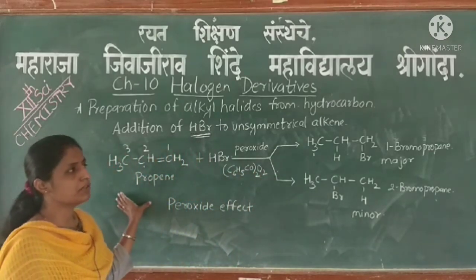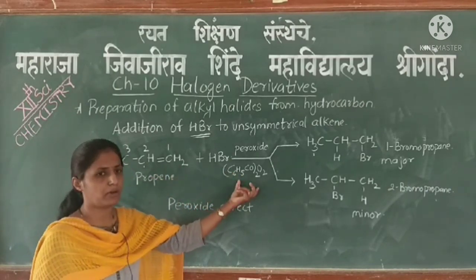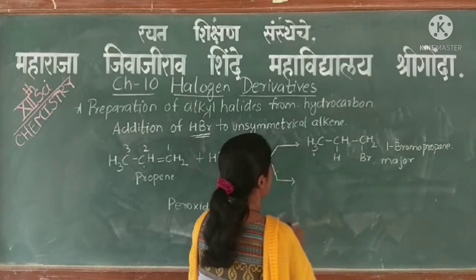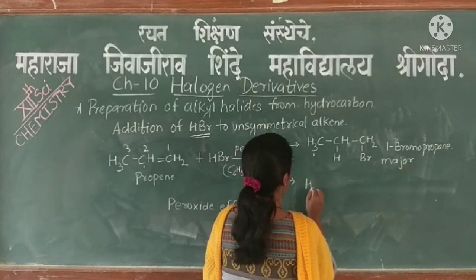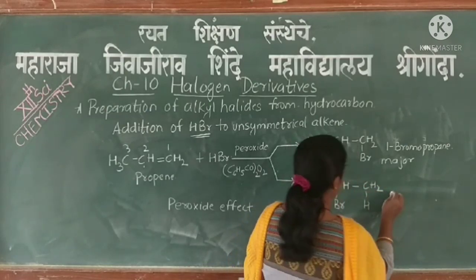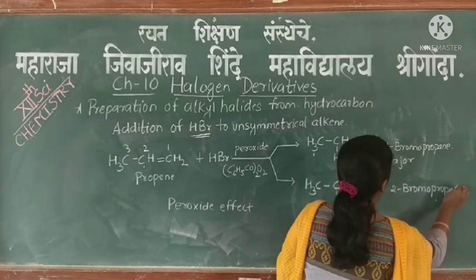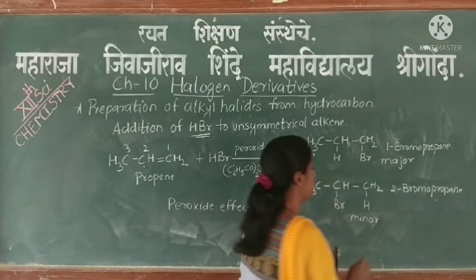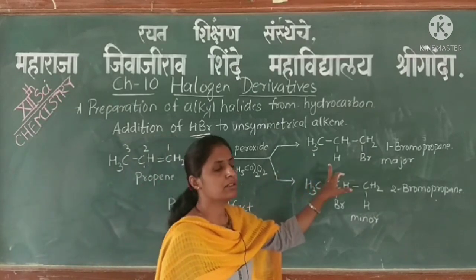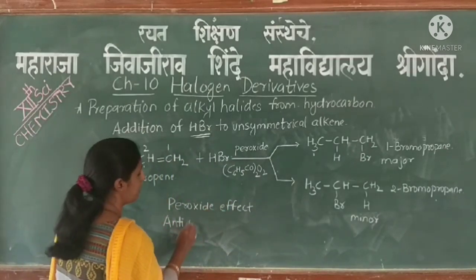If you react an unsymmetrical alkene with HBr in the presence of peroxide, you get this product, and you don't get that product. So you get the product opposite to that of Markovnikov's rule, that is anti-Markovnikov.